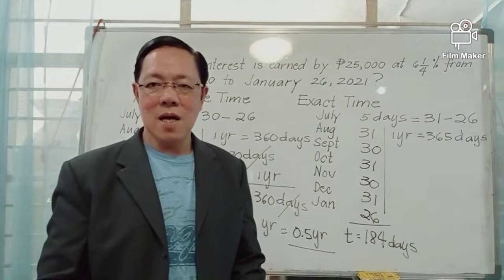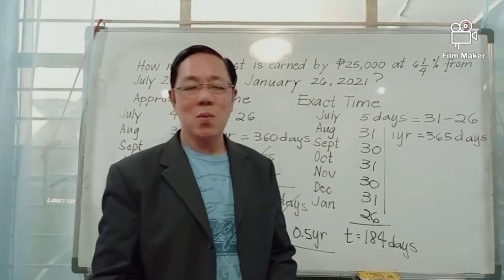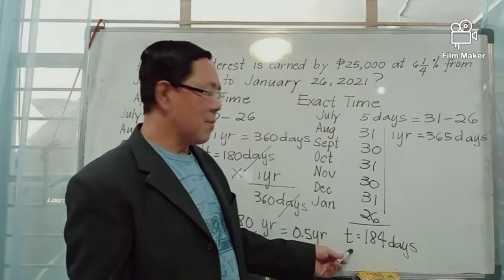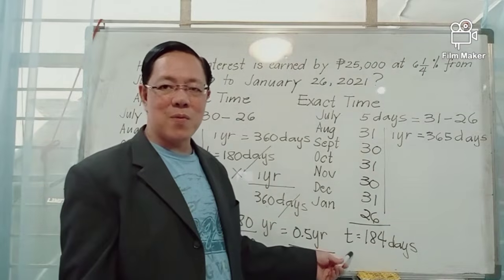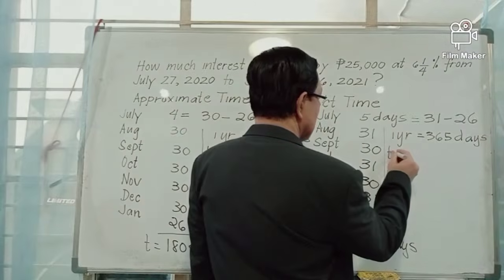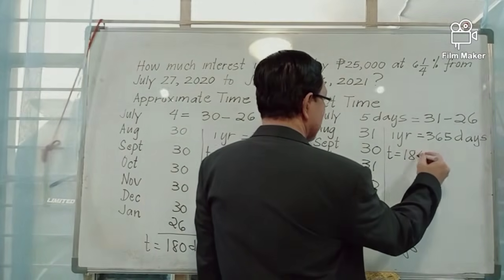For the exact number of days in a year, we take 1 year equals 365 days. And this exact number of days, 184 days.